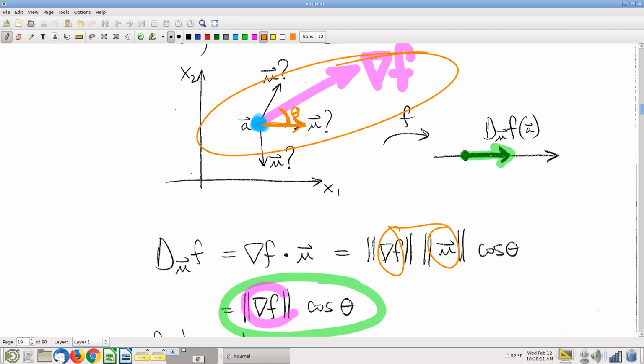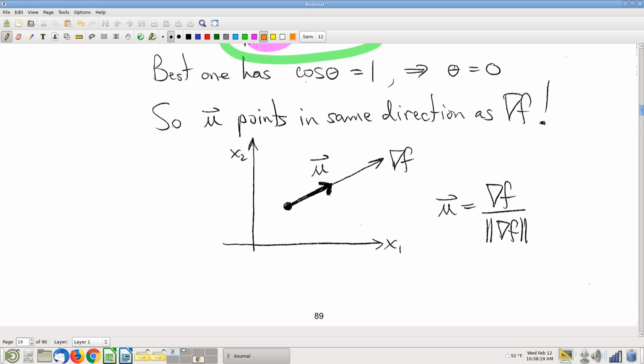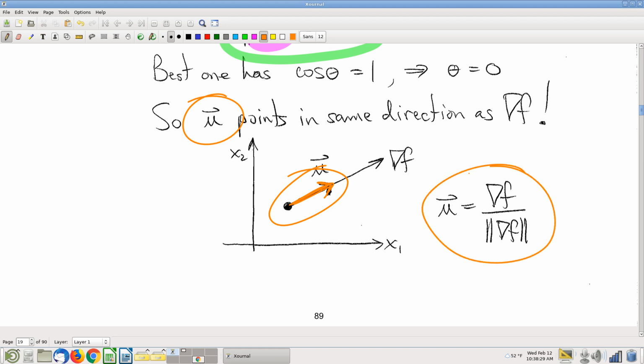Because if it's pointing in the same direction as the gradient, then that angle would be 0, and then cosine theta is as big as it could possibly get. And so, thus, the ideal unit vector is the one that points the same direction as the gradient. And so, here's a formula for it. Unit vector pointing in the direction of a given vector, bam.